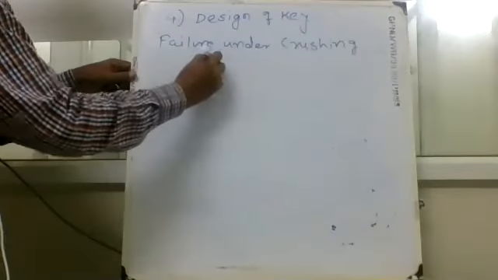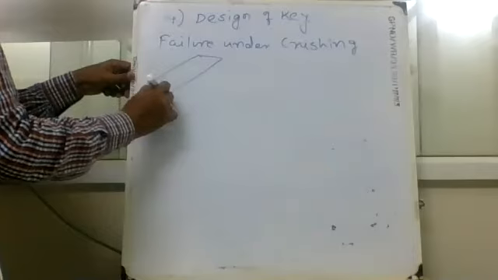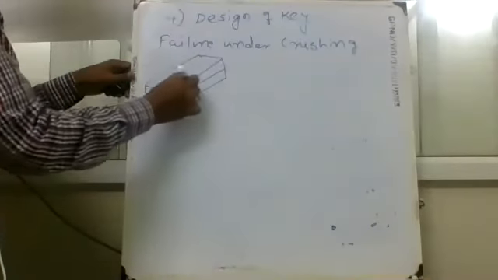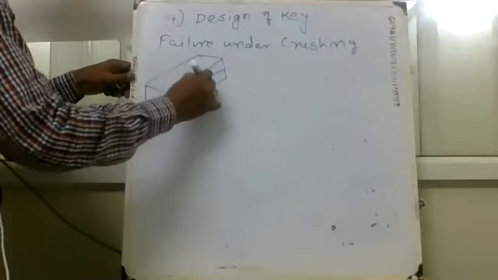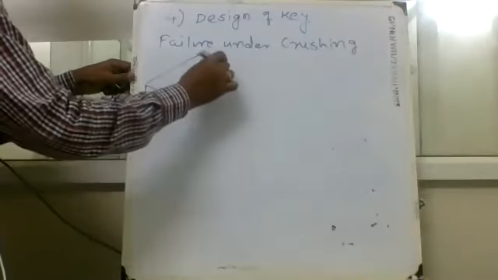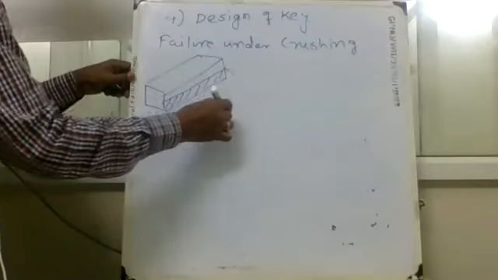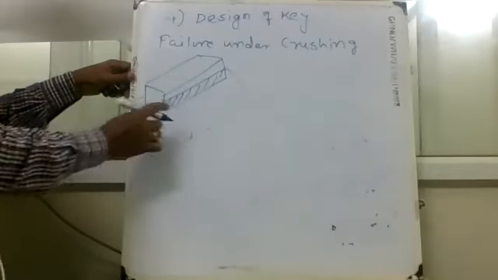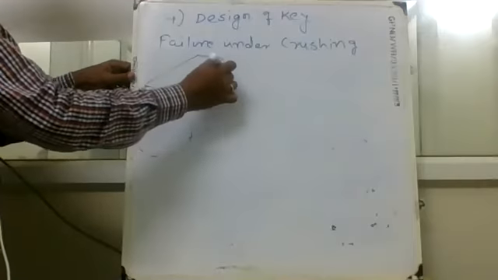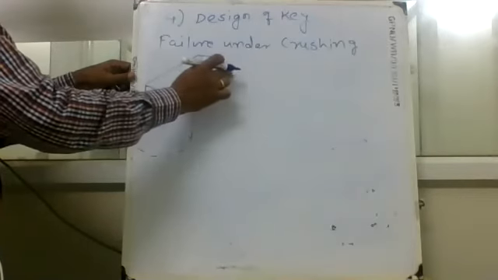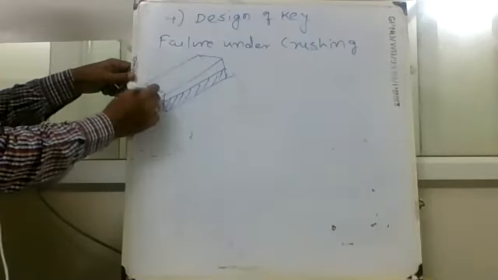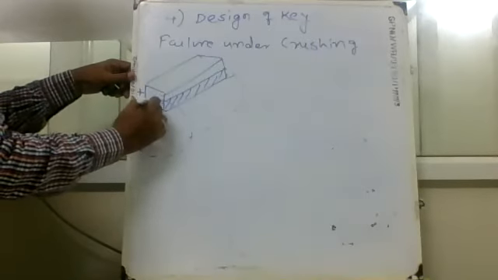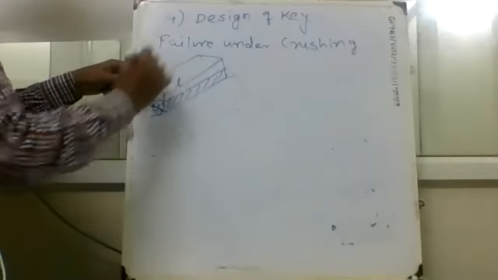So when we think about the crushing failure of the key, so this is the key which is going to fail under crushing. So here is the area of crushing, because half part of the key is under that particular shaft. So if I say this is the shaft, now half part of that key is under crushing. So this is the crushing of that key. So total thickness is T. So half of the thickness is T by 2 and L is the length.